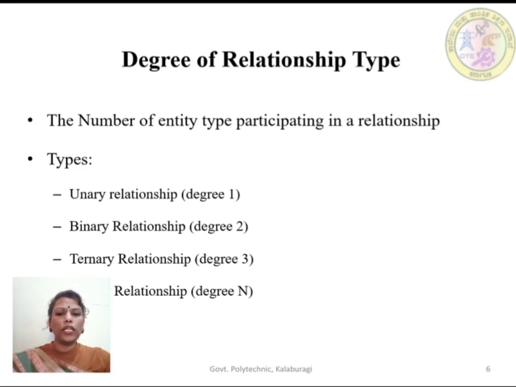If 2 entity types are participating, then we call it degree 2. If 3 entity types are participating, then that is ternary. If 4 entity types are participating, then that is a tetra relationship. If n number of entity types are participating, then we call it an n-ary relationship type.